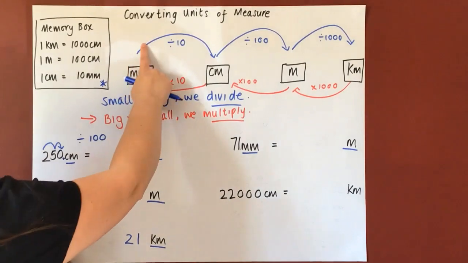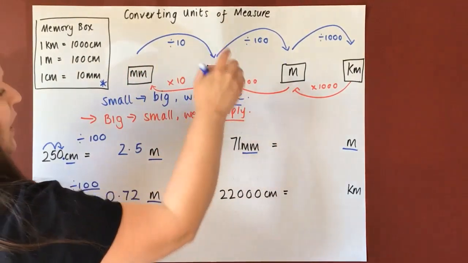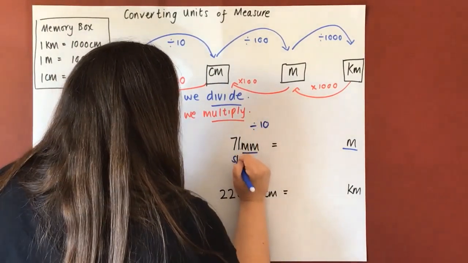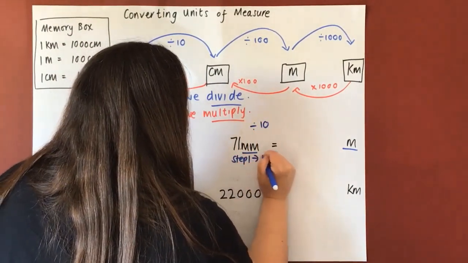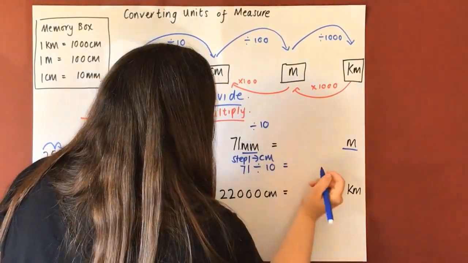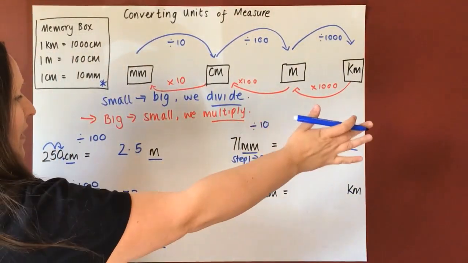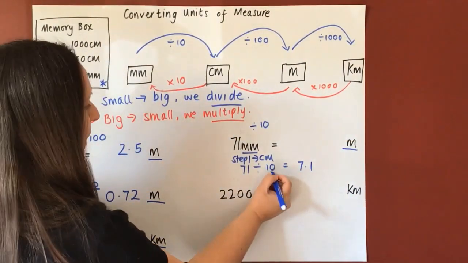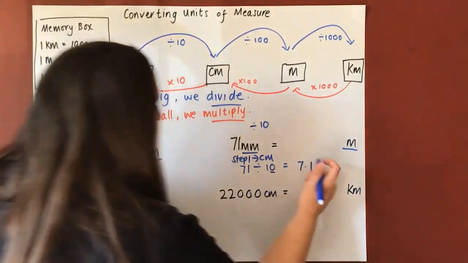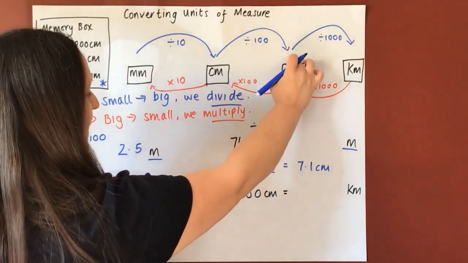So the first step we need to do is convert our millimetres to centimetres first. We do that by dividing 71 divided by 10, which is 7.1. So we can slide to the right 1 place, as we know. So we've now got our centimetres. Now we need to go from centimetres to metres.